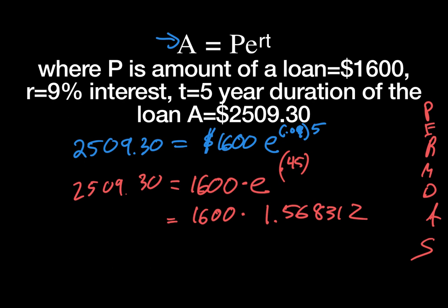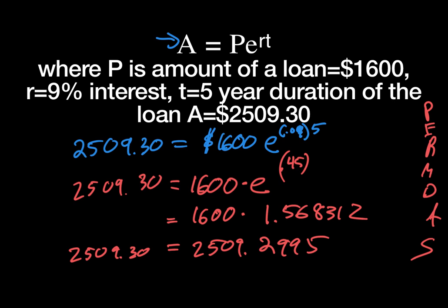And then I'm going to take that number and times 1,600. And I get 2509.2995, which we had over here as rounded to 2509.30.